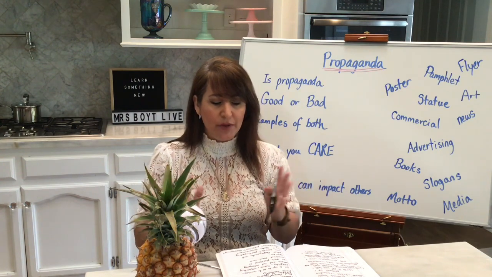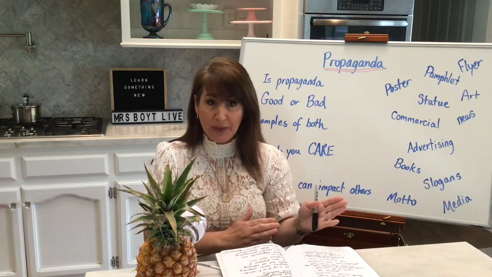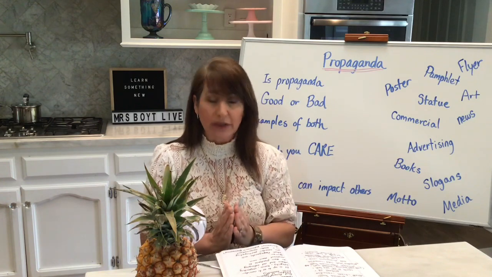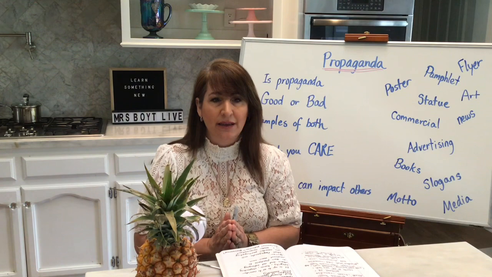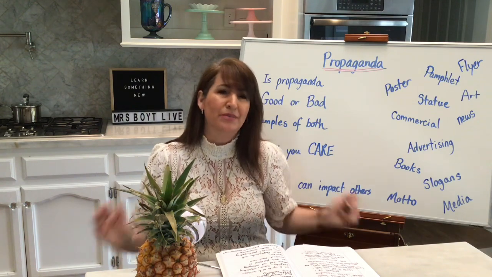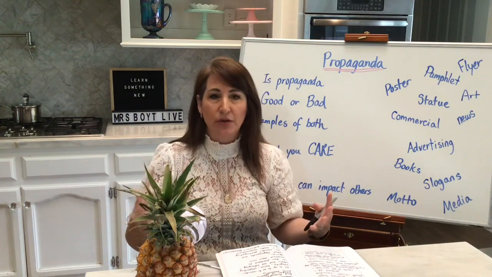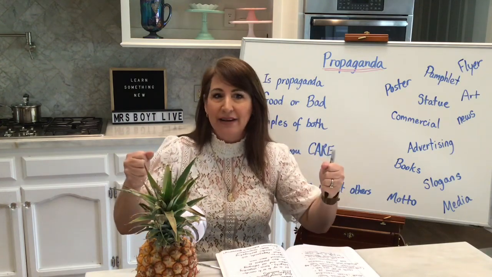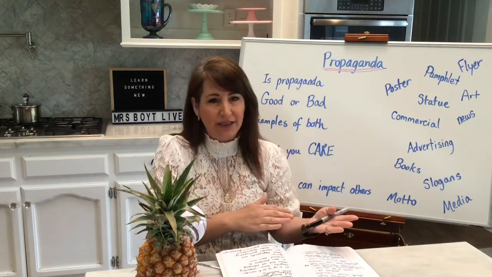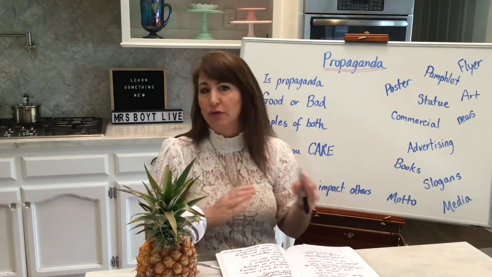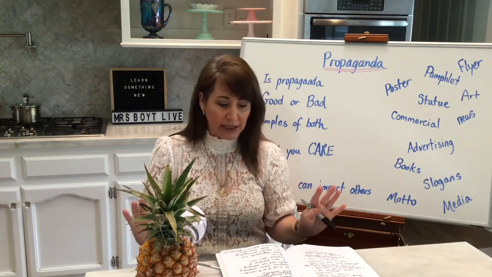Now, remember, the First Amendment gives us the right of freedom of speech, freedom of religion, freedom of press, and freedom of assembly. That's very important. So propaganda could be pretty much anything. And you can meet, you can protest, you can get together, you can carry a sign, you can rally. But in this book, this alternate society, they couldn't, because these children weren't even supposed to be living. They were born illegally into the system.